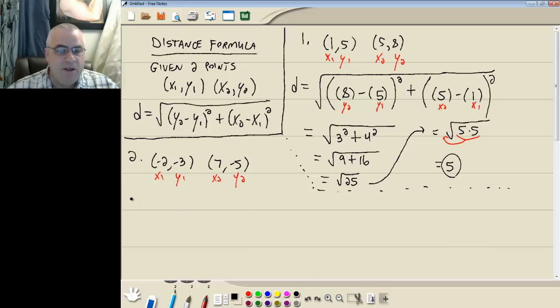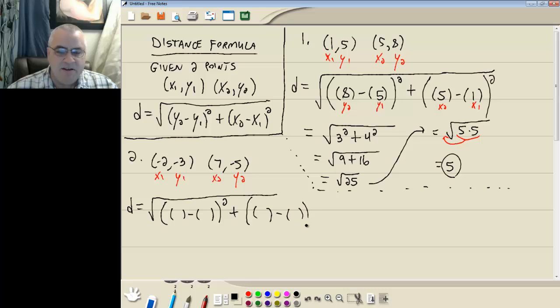And we'll write down our formula, replacing our variables with sets of parentheses. So I got parentheses minus parentheses squared plus, and then parentheses minus parentheses squared. So this was y2, this was y1, this was x2, and this is x1.